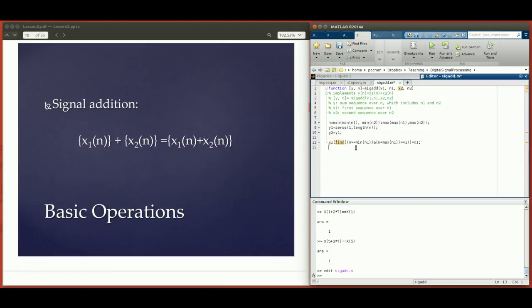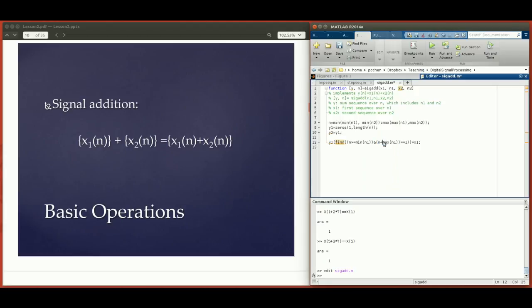So the first condition is this one: n must be larger than or equal to the minimum of n1. And then the second condition is n must be smaller than or equal to the maximum of n1.